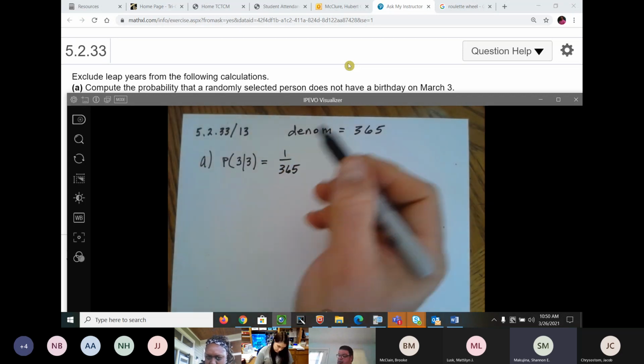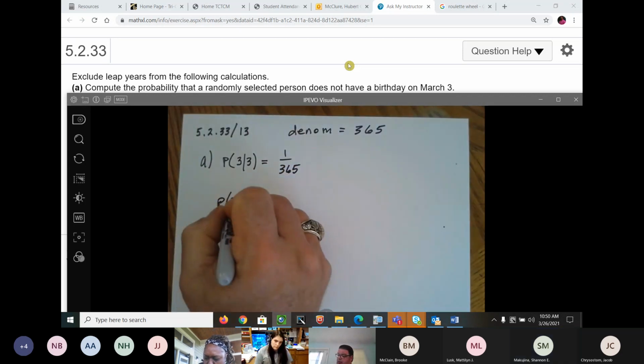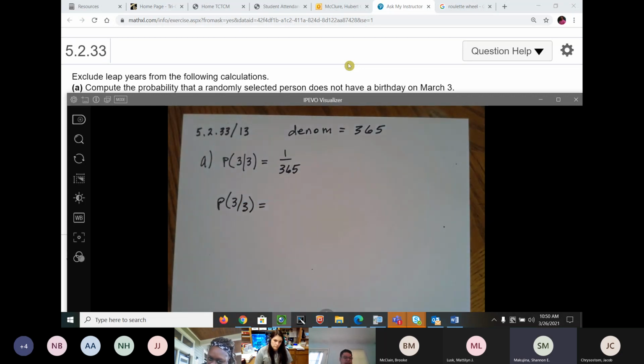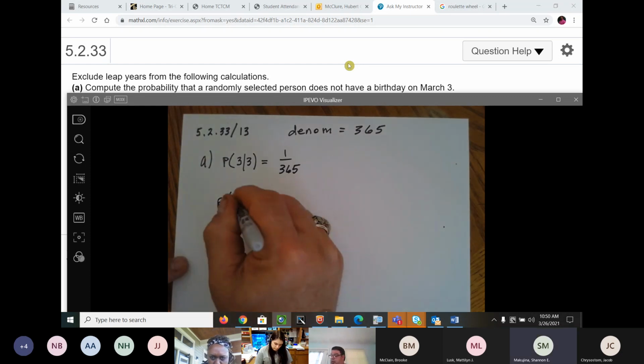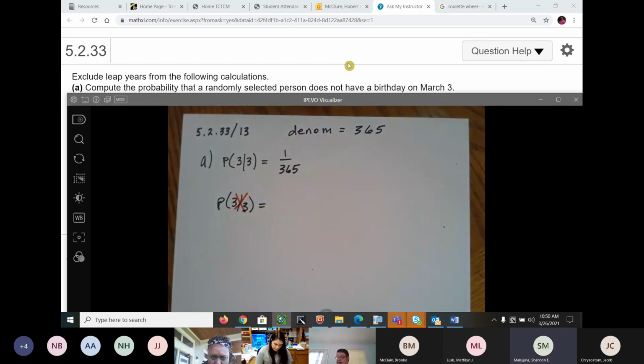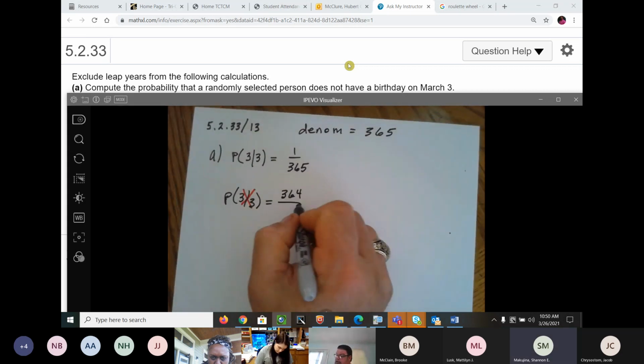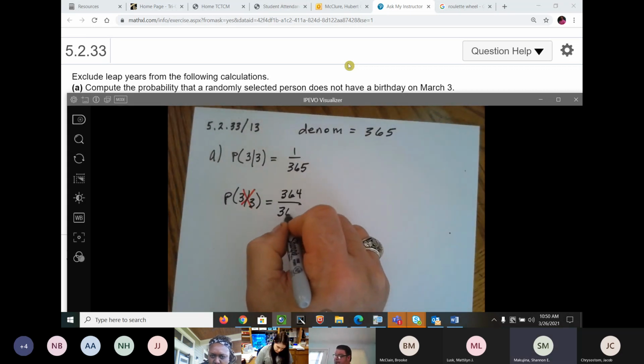And we're going to do probability of being born. What is the probability of not being born? 364 out of 365. Exactly. And which one are they asking for?